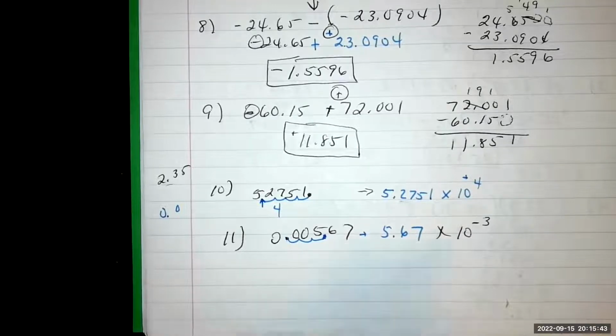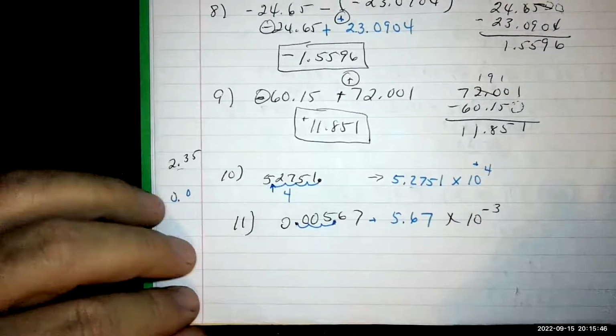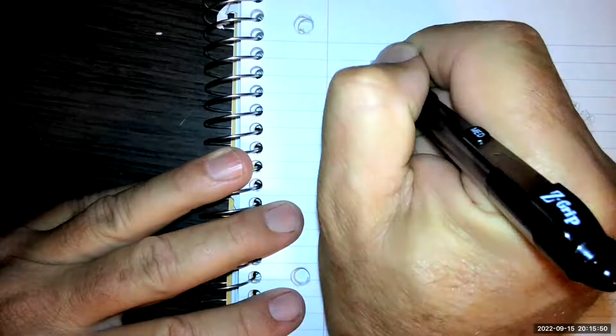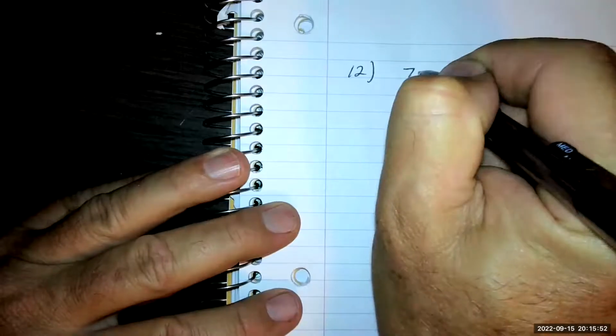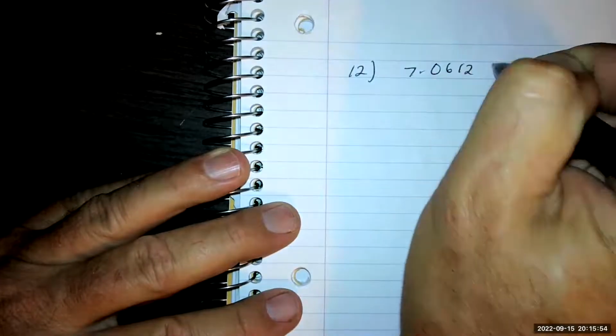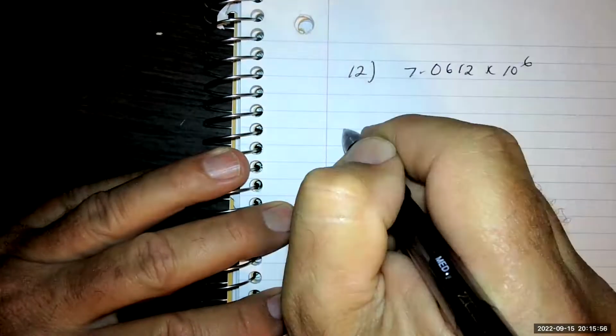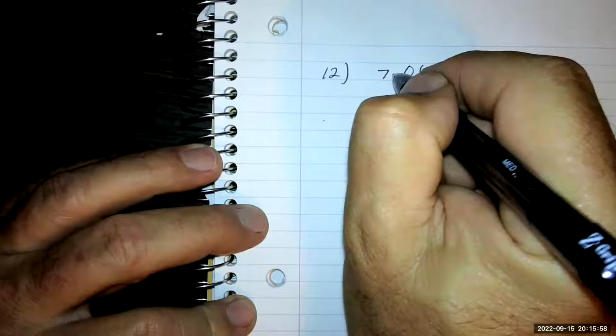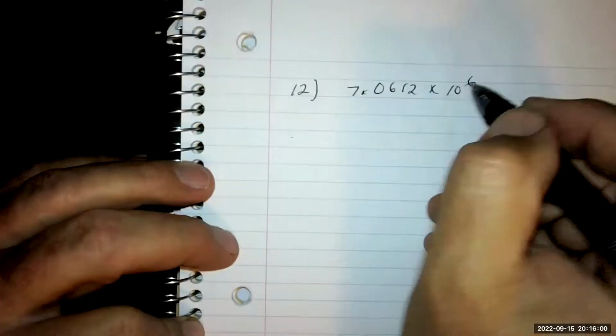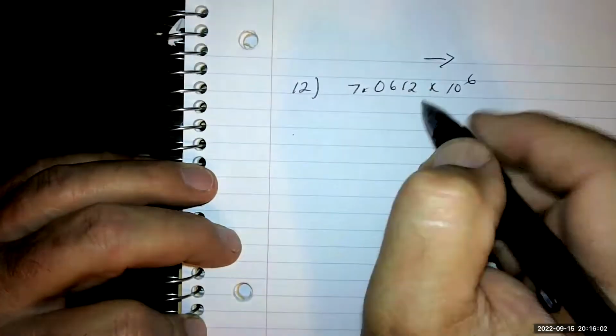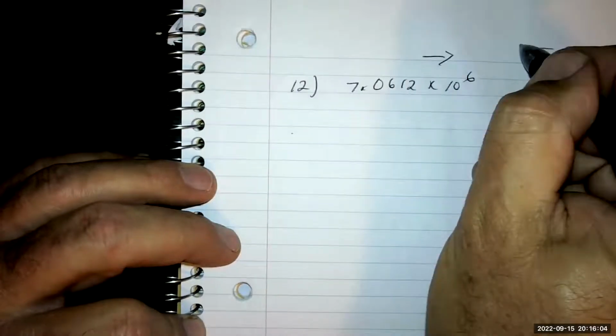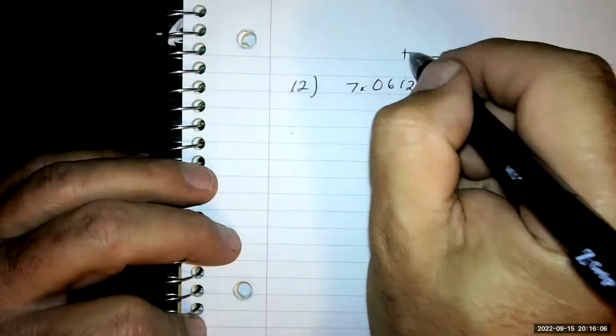All right. So what happens if we have a scientific number and we want to convert it into standard form? So this is number 12. This one's simple because if this is positive, you go that way. If it's negative, you go that way. So positive this way, negative that way.